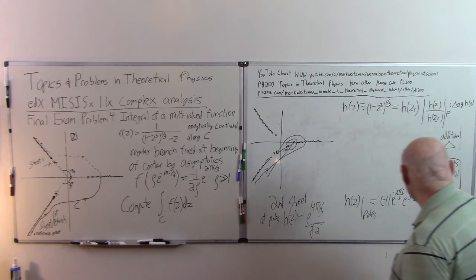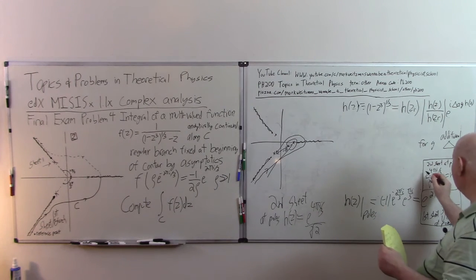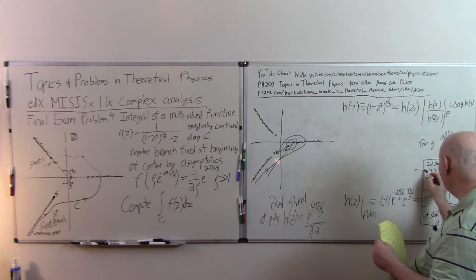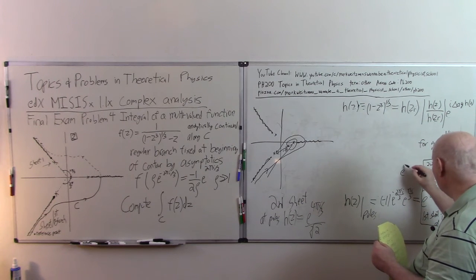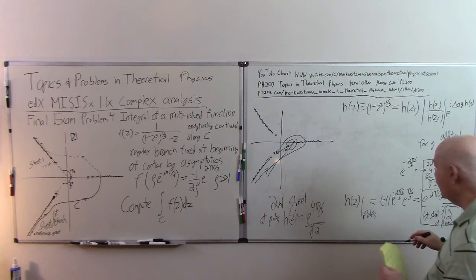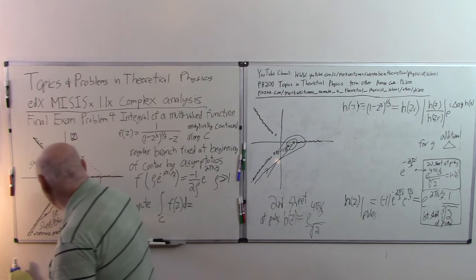But now I'm confused myself. So, okay. Let's rewrite this just so I don't get confused anymore. This is the same thing. E to the 4 pi I over 3 is the same thing as e to the minus 2 pi I over 3. So the pole on the second sheet is this one over here.